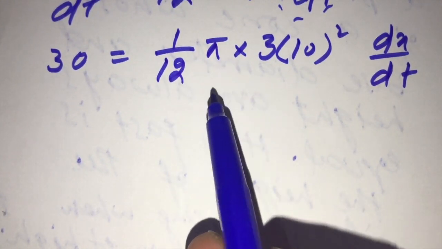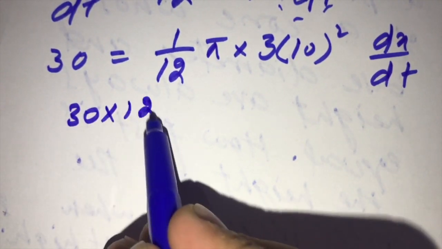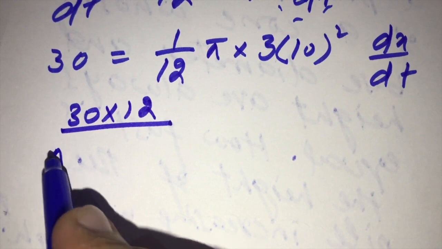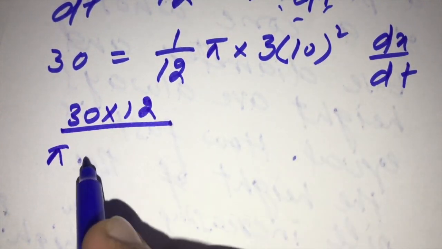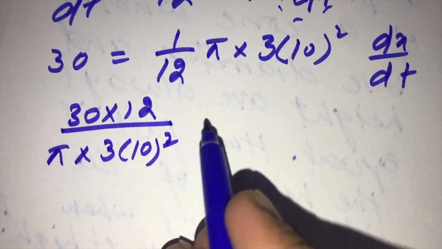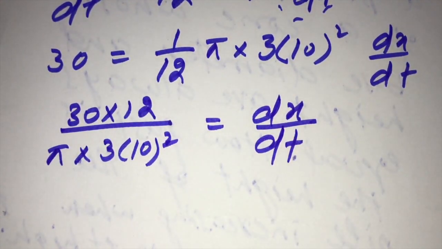Take them to the other side: 30 into 12 divided by pi into 3 into 10 square. When you solve or simplify this, it is equal to 6 by 5 pi.